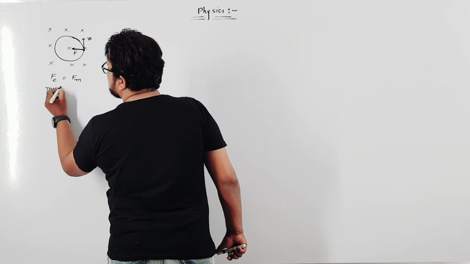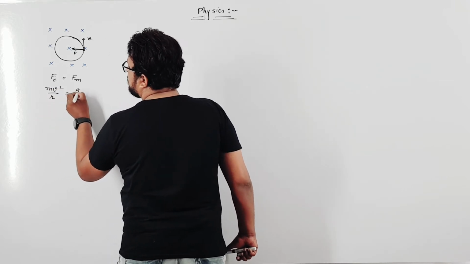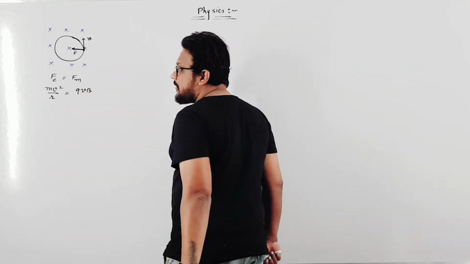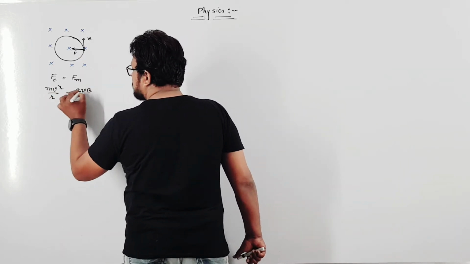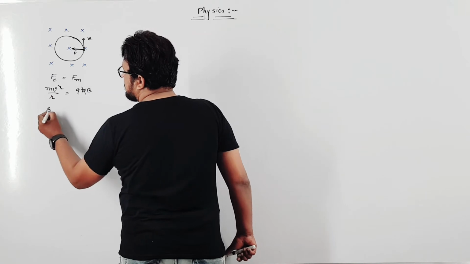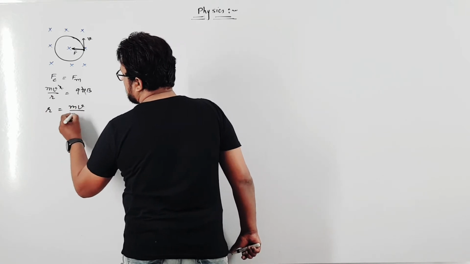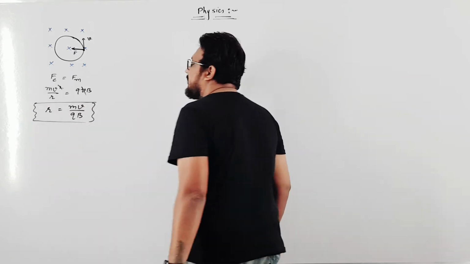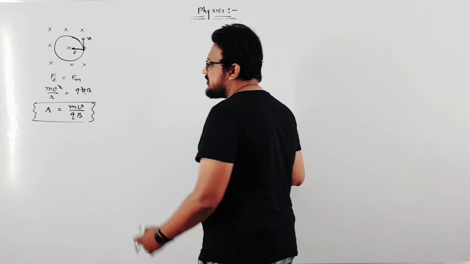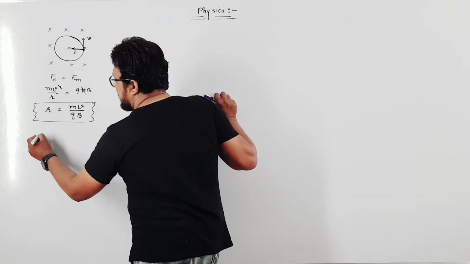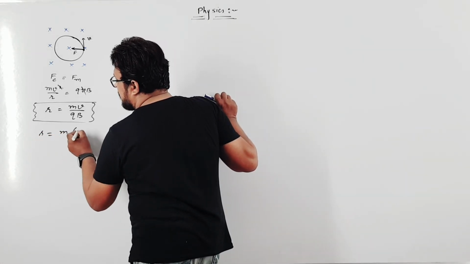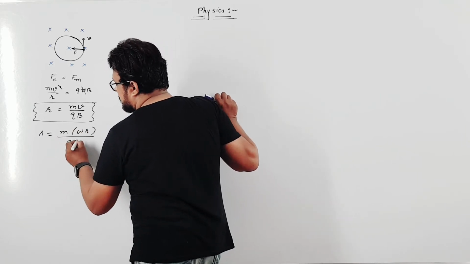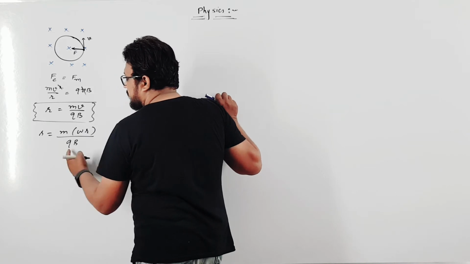So the necessary centripetal force is provided by the magnetic force. So mv square by r will be equal to qvB sin 90, because magnetic field and velocity are perpendicular to each other. If you cancel v, then the radius of the circular path will be mv by qB. This we have already derived. Also from this equation, let us say r equals m, what is velocity? v is equal to r omega, qB.